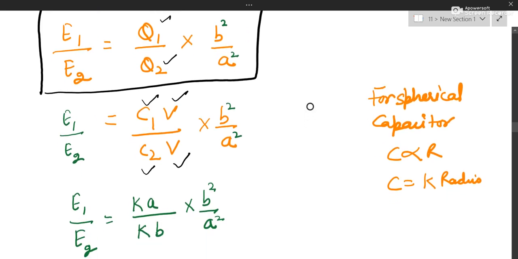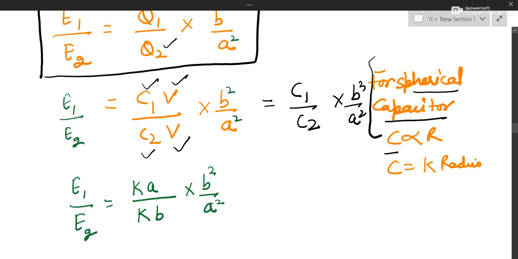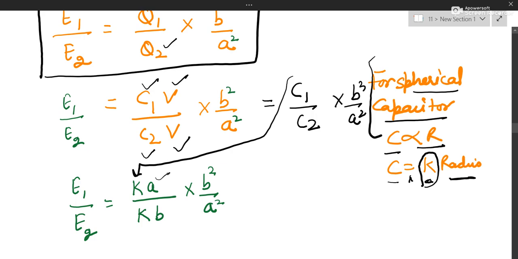And now we will use a concept. Because V is cancelled, it is C1 by C2 into B square by A square. Now we will use a fact that for a spherical capacitor, capacitance is directly proportional to radius. So capacitance is equal to constant into radius. You can see here, I have opened C1 as constant into its radius and C2 as constant into its radius.